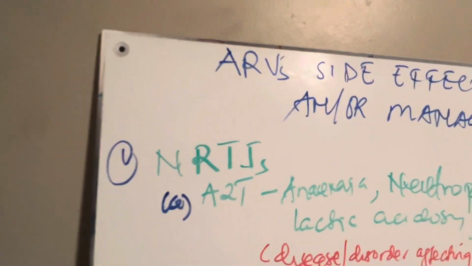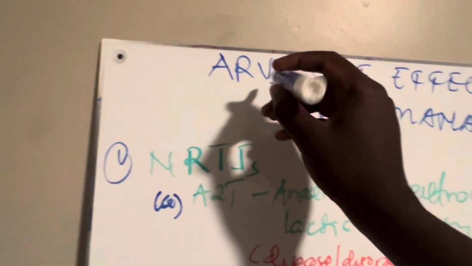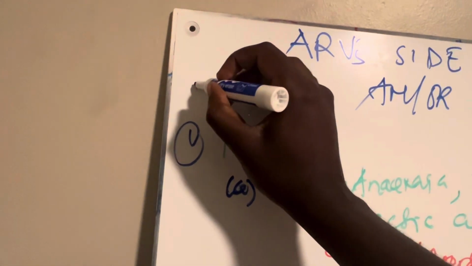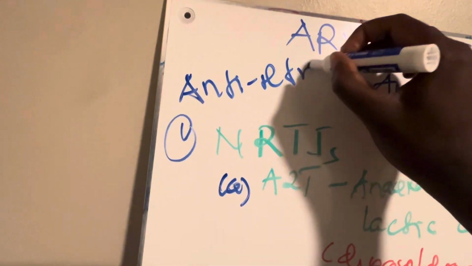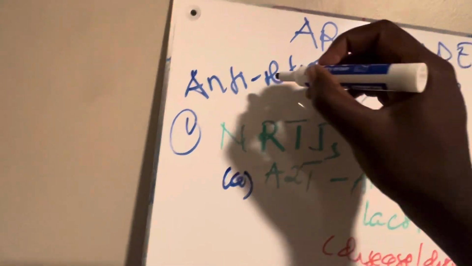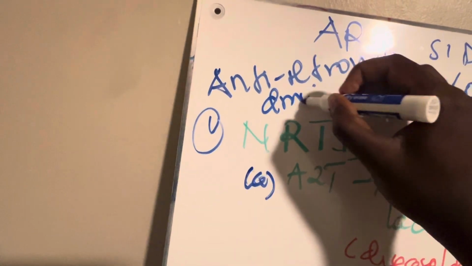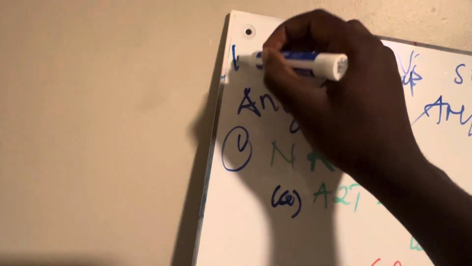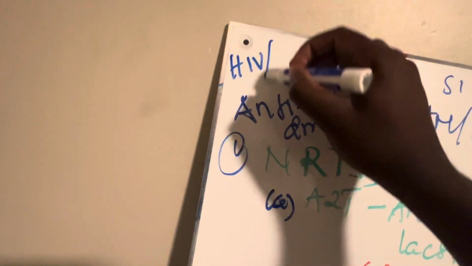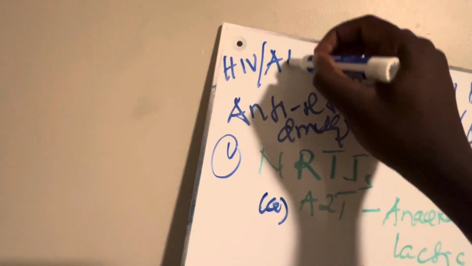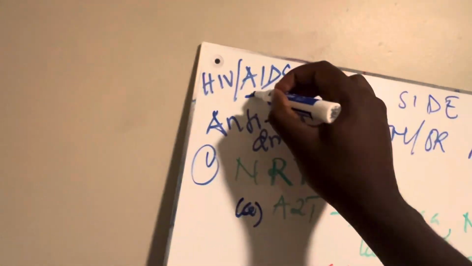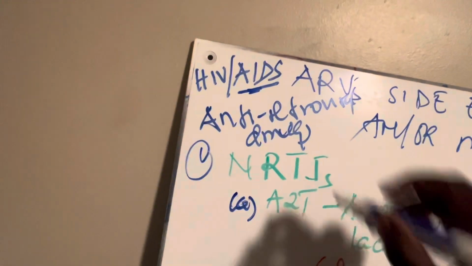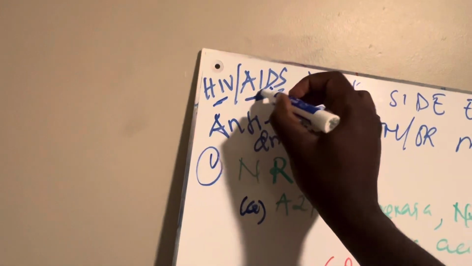Today I'm going to talk about ARVs, anti-retroviral drugs. These are drugs used to treat human immunodeficiency virus and acquired immunodeficiency syndrome. Actually, the right term to use is AIDS. This is the virus that causes this.